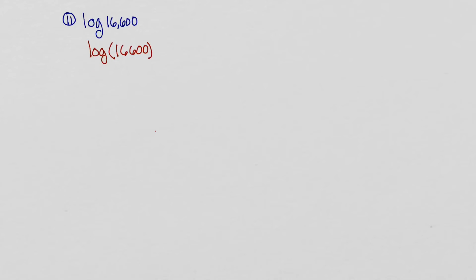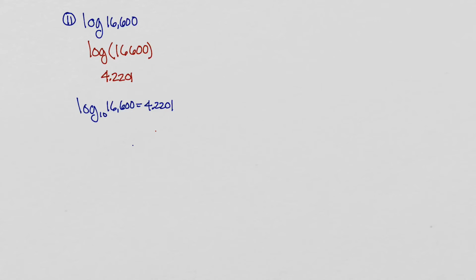So when I press enter for that, I got 4.2201, and we're going to round to 4 decimal places. So what we're saying here is that the logarithm base 10 of 16,600 is 4.2201.